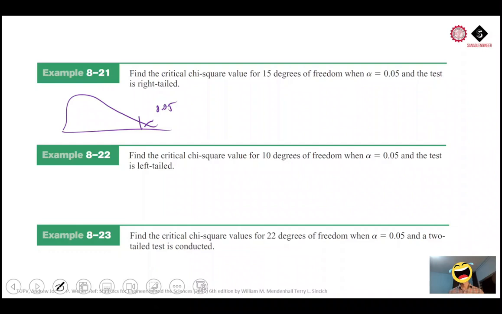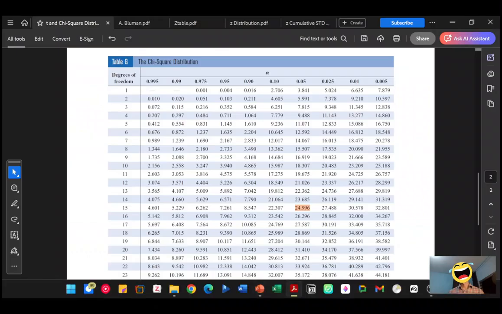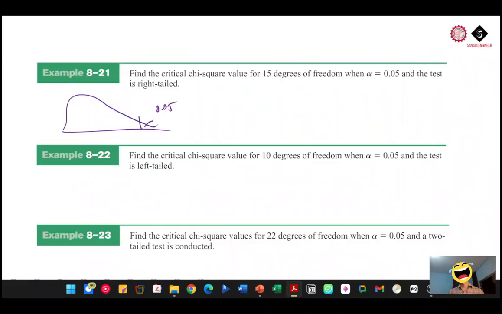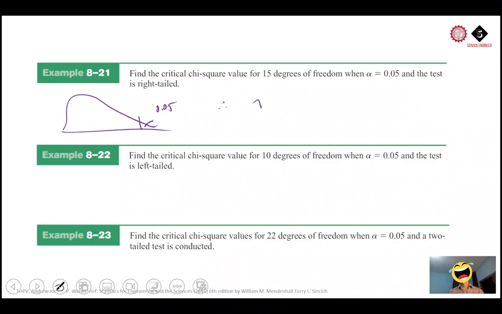you can't really locate the center now. So let's look at table G. Table G, 0.05. So let's look at 0.05 here, and degrees of freedom to be 15. So 15 by here at the top. So 24.996. Therefore, the chi-squared is 24.996.